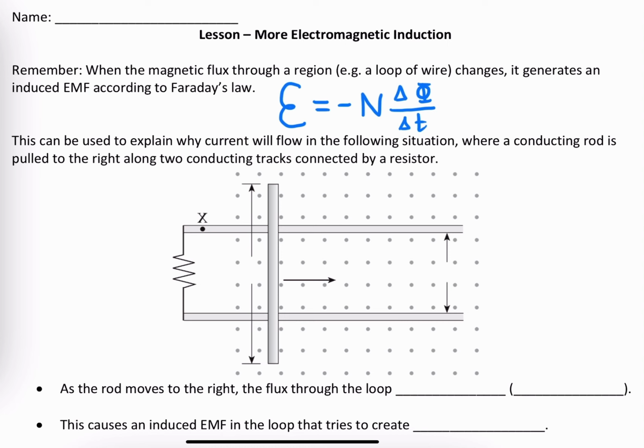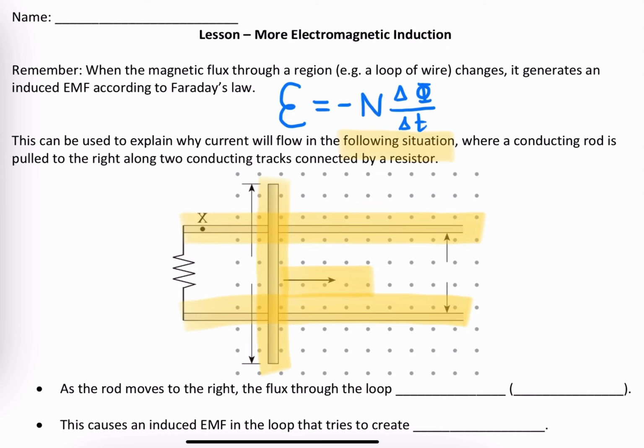Now, this concept can be used to explain why current would flow in the following situation, where we have a conducting rod. So imagine this being made out of metal, for example, and it's being pulled to the right along two tracks or rails that are also conducting. So you can imagine them being made out of metal as well.